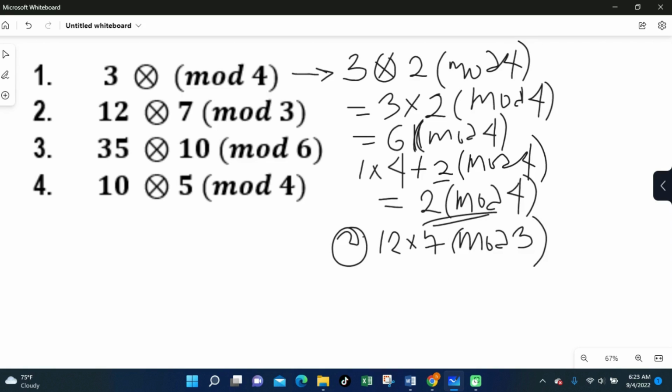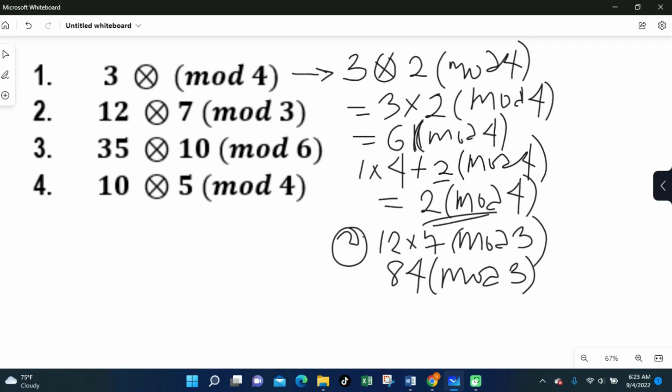Now 12 times 7 will give us 84 in mod 3, right?